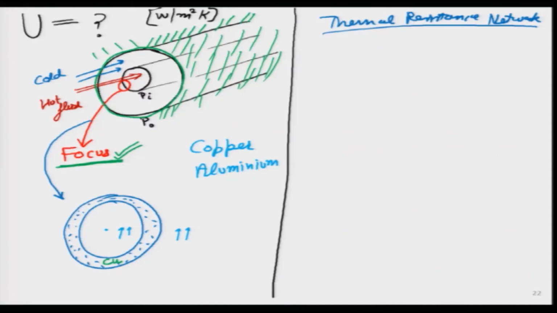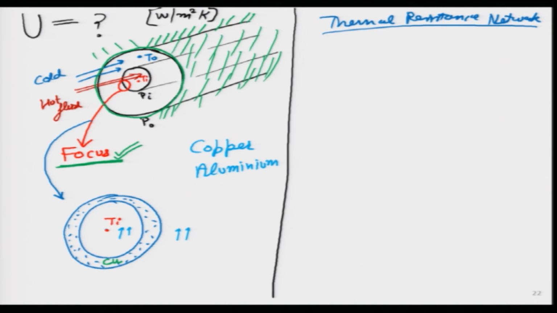Let me try and draw the thermal resistance network across this particular copper pipe. What I mean by that is, if I know the temperature in the outer pipe, let me show over here, this is the outer pipe, and I know the temperature of the inner pipe over here, T inner.